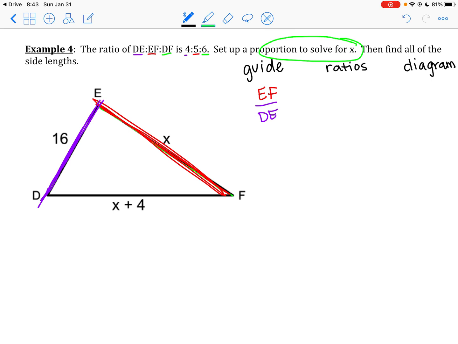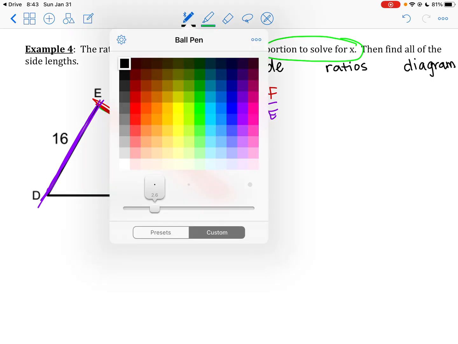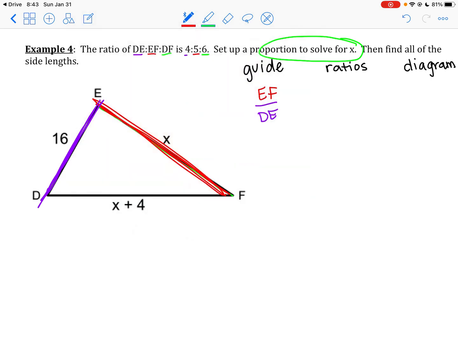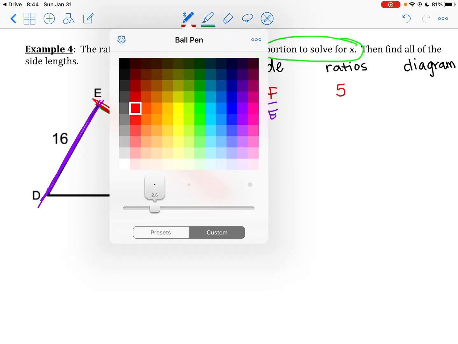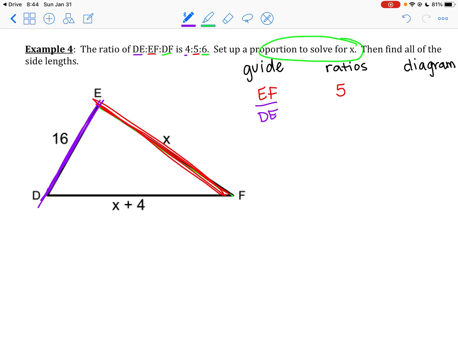The first ratio I'm going to set up is based off this extended ratio. In the extended ratio, EF is 5, and DE is 4. So EF to DE has a ratio of 5 to 4.